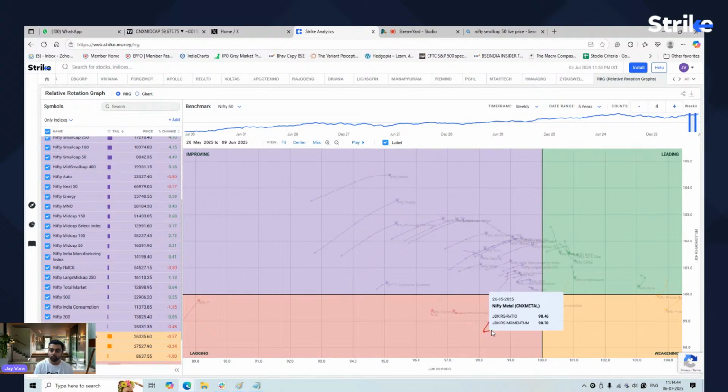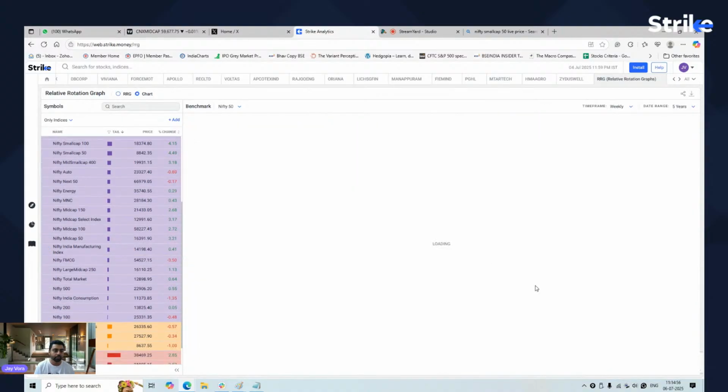This was the initial sign, and you can see it is on the northwest side, which means that the RS is also improving and the momentum is also improving. You can see the date is 9/6.